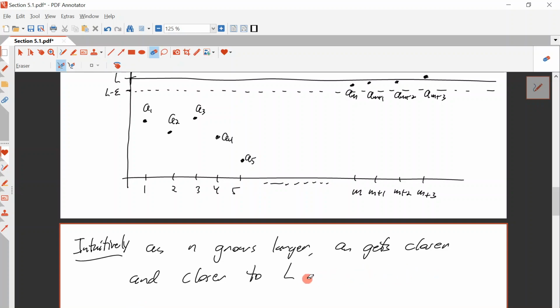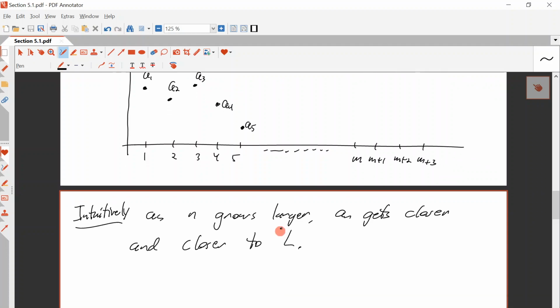Closer and closer to L, period. All right, so what about some sequences that converge and some sequences that don't?